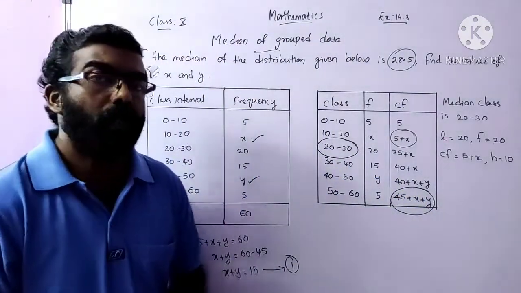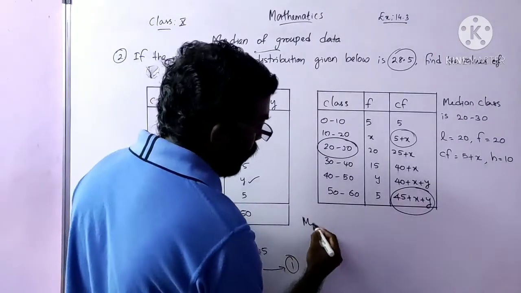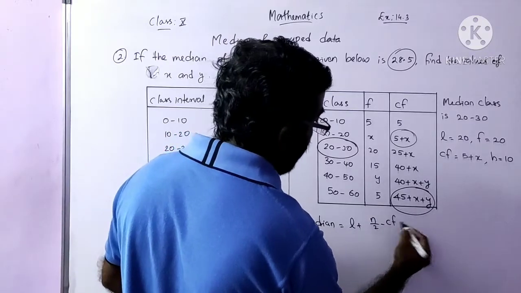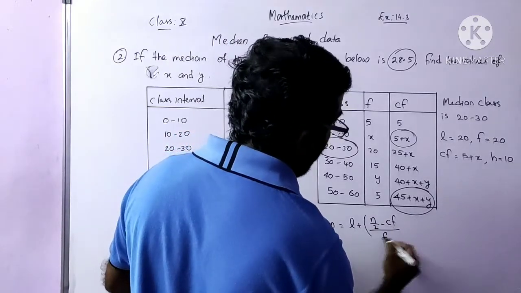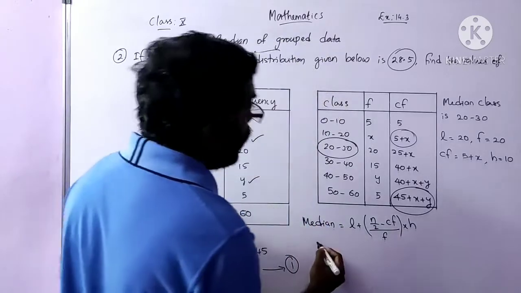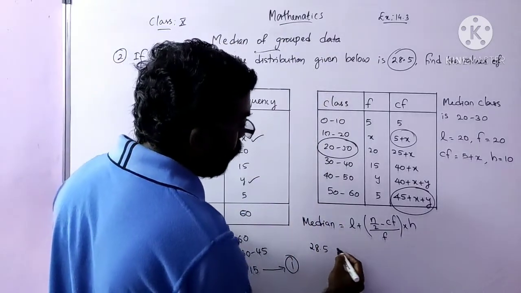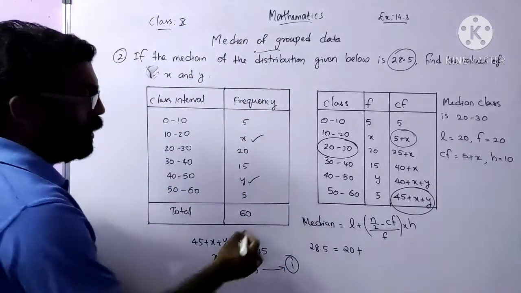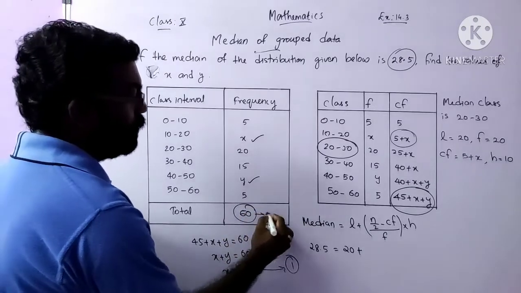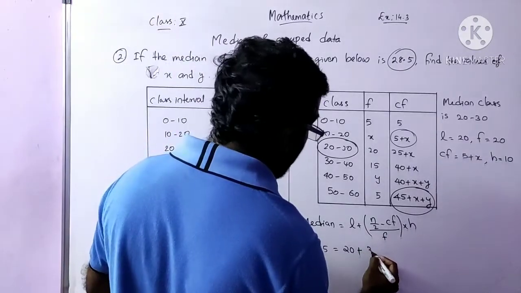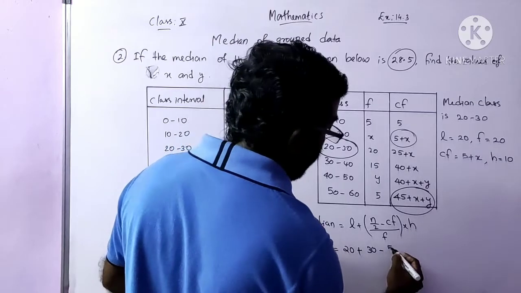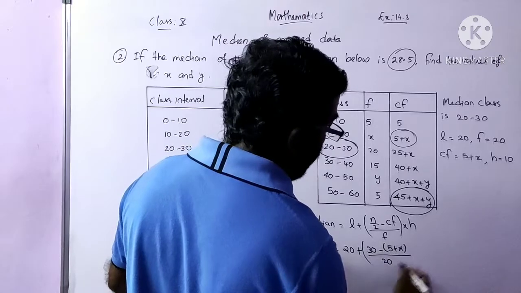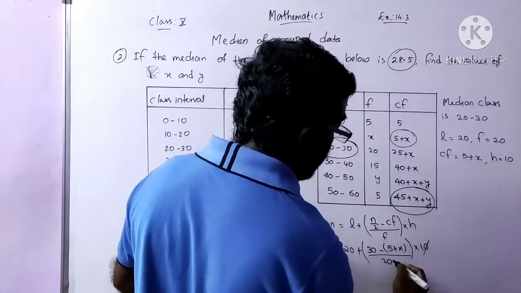Okay. Now you can replace it in the formula. Median is equal to L plus (N by 2 minus CF) divided by f into h. Here the median is 28.5. So 28.5 is equal to L, 20, plus N by 2, N is 60, so 60 by 2, 30, minus CF, 5 plus x, divided by f, f is 20, into h, h is 10. This 0 and 0 get cancelled.